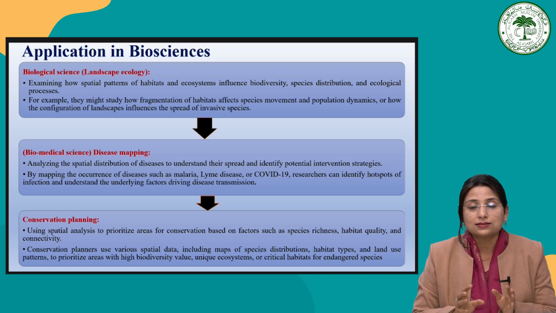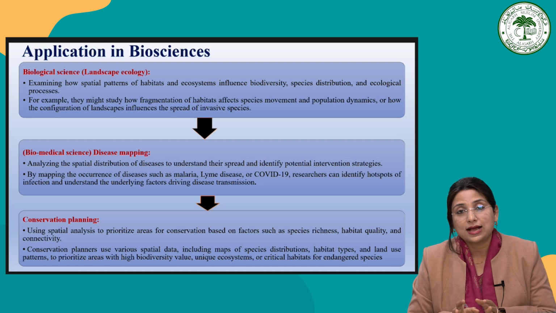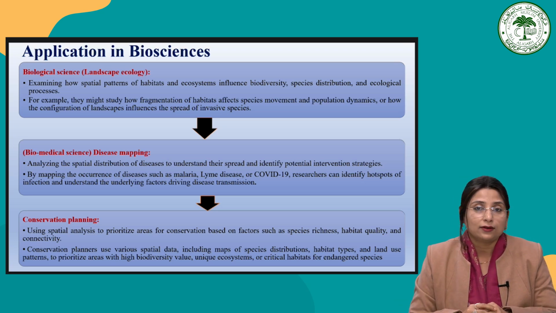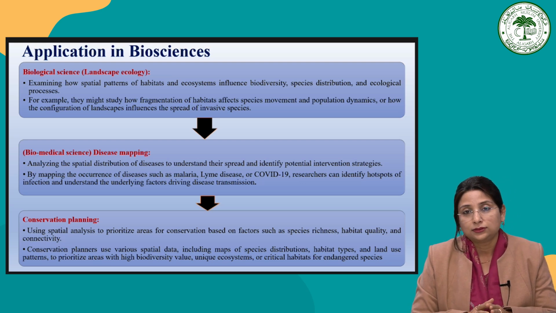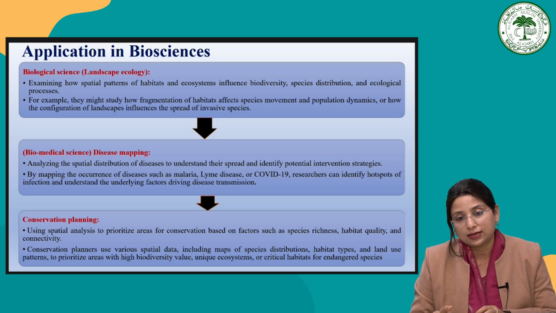So if they are considering all these things, such as habitat connectivity, ecological corridors, landscape resilience, and all this spatial phenomena, then the planners and the policy makers can have lots of insights and information through spatial analysis.